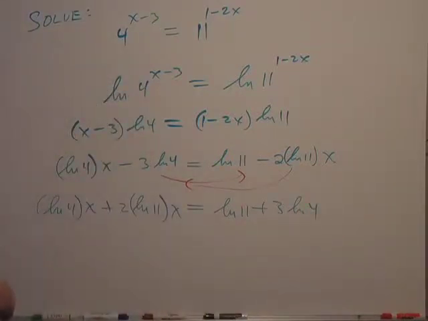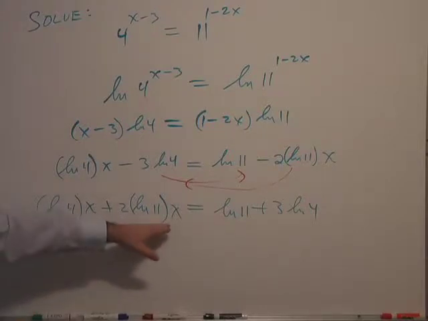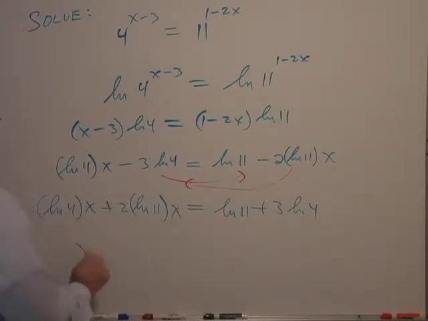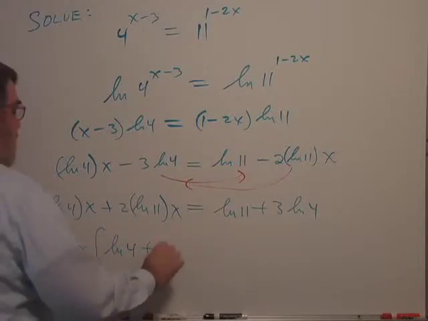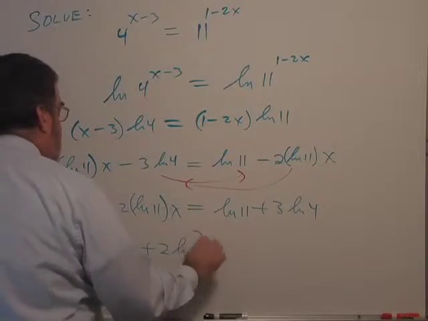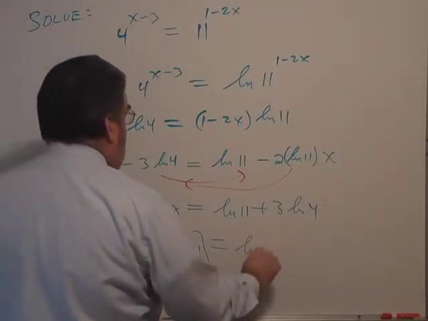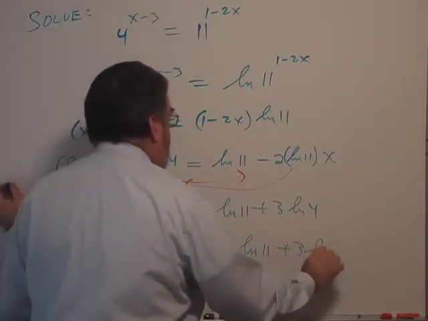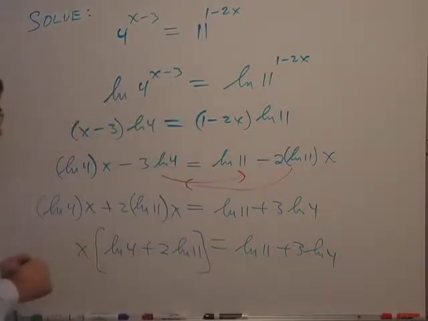All right. So the x terms are together, and now what? Well, let's factor x out. So I have x times natural log of 4 plus 2 natural log of 11 equals the right side. And now we're almost done. We can solve for x by dividing by this part here.